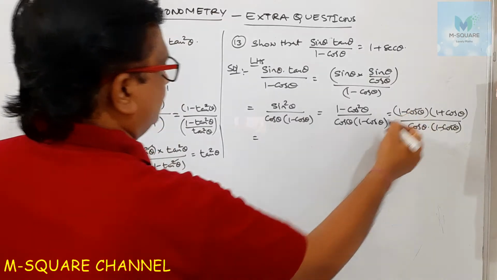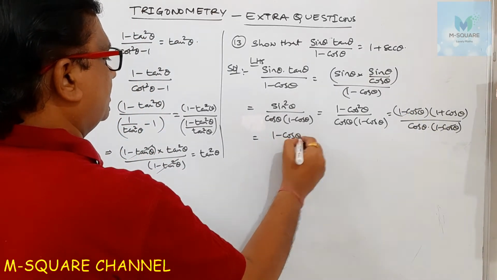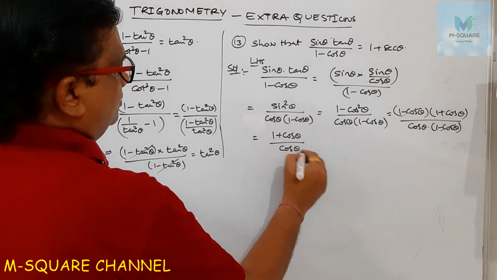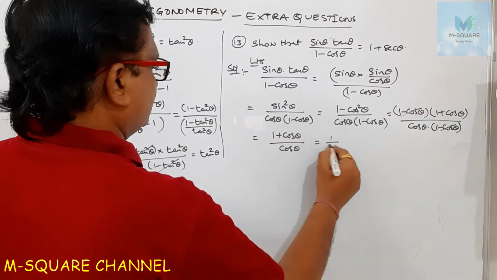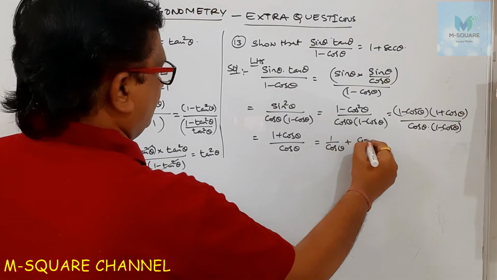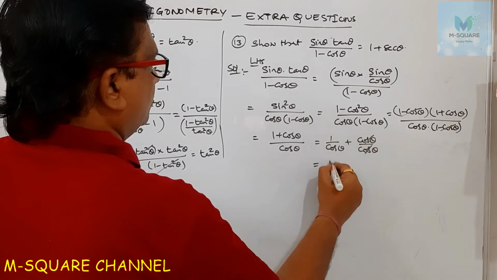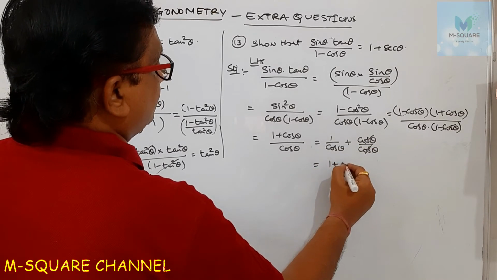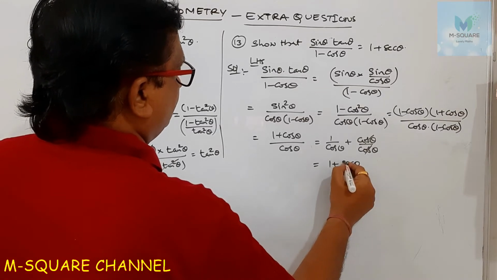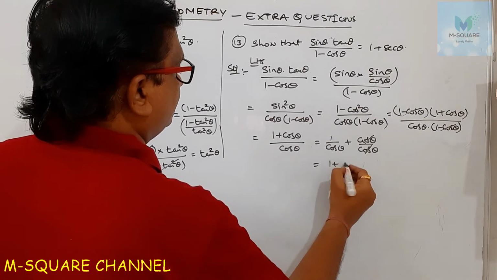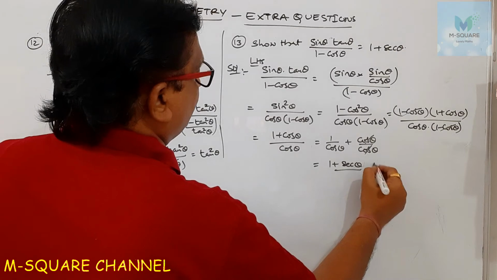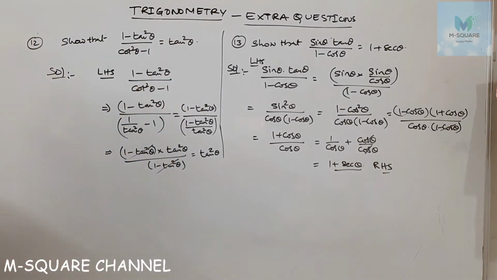So 1 minus cos theta, 1 minus cos theta cancel, so we get 1 plus cos theta by cos theta. Split the fractions: 1 by cos theta plus cos theta by cos theta. So these two are cancelled. 1 plus 1 by cos theta means 1 plus secant theta. This is RHS.